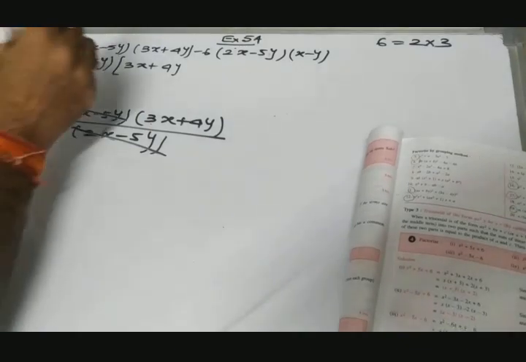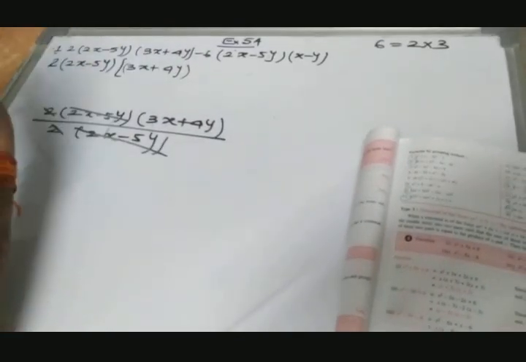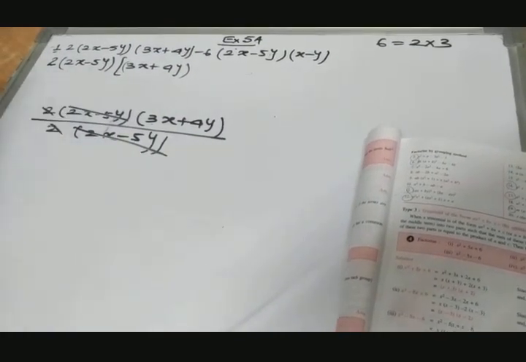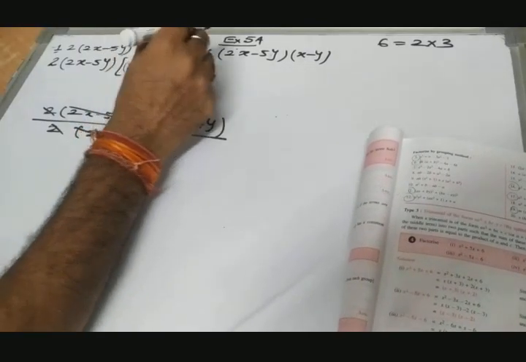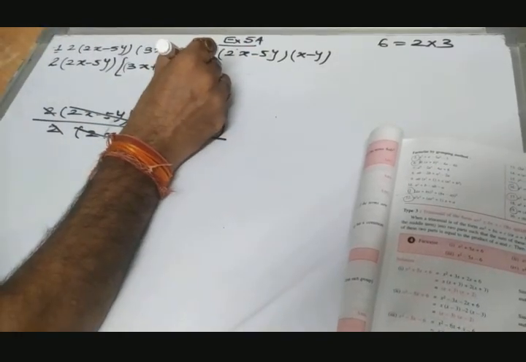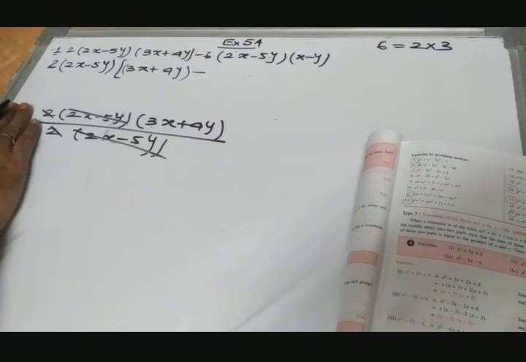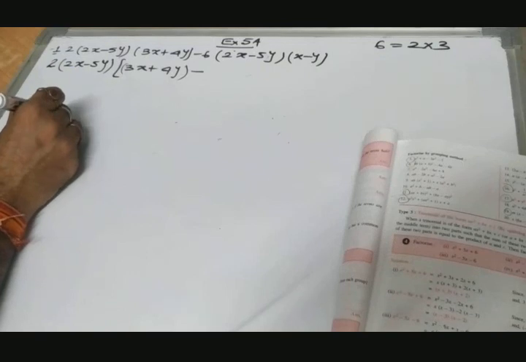Now we will put the sign here. The common is positive, but here it is negative. So first of all, we have to divide the sign. It is a positive sign, it is a negative sign. So minus sign divided by plus sign, the answer will be negative. Now we can understand easily by this method.